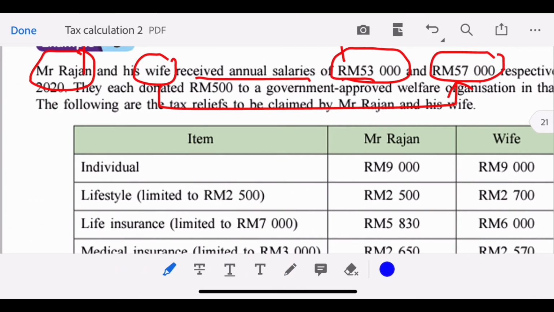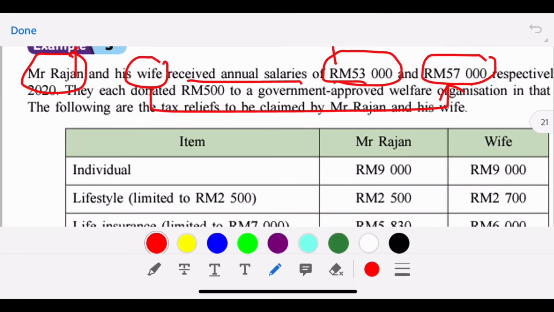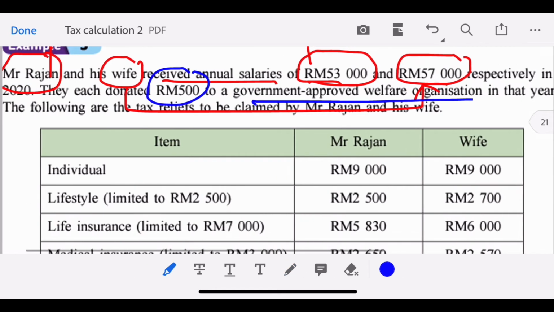In the year 2020, they each donated 500 ringgit to a government approved welfare organization.